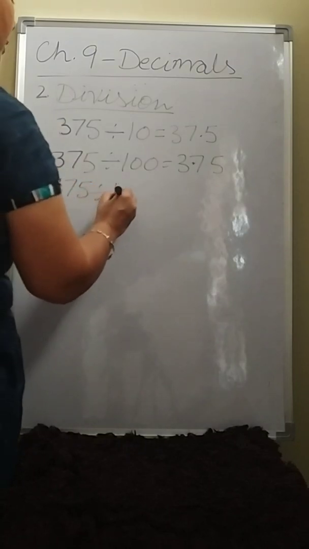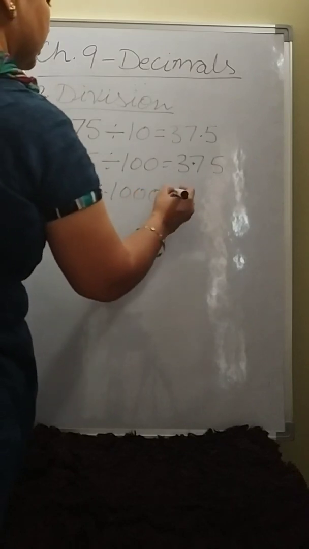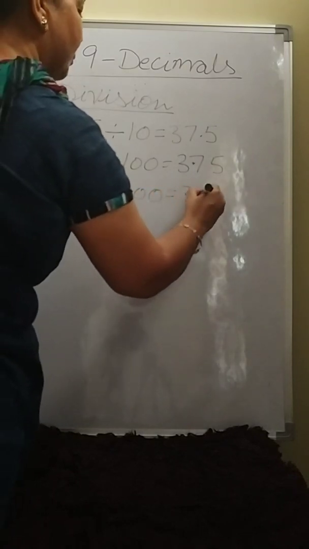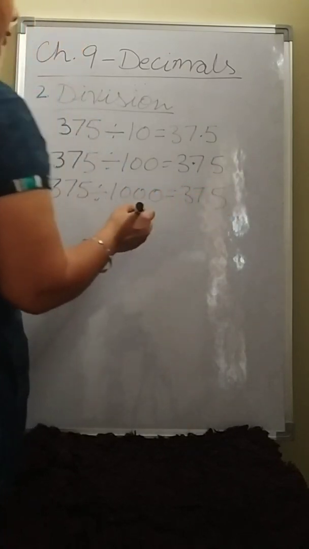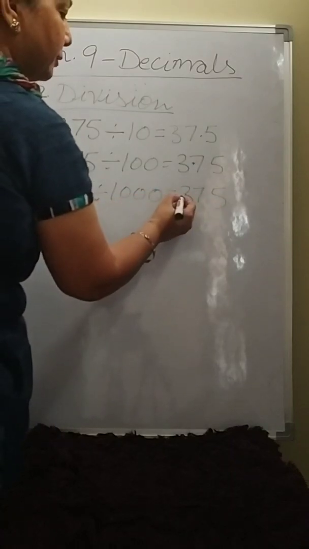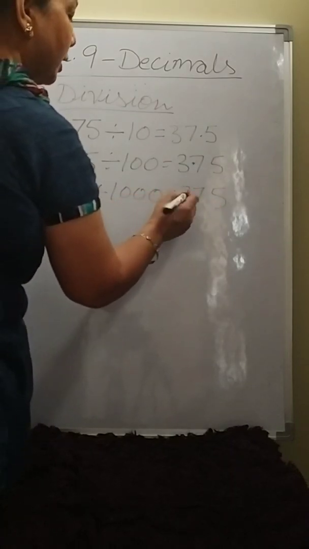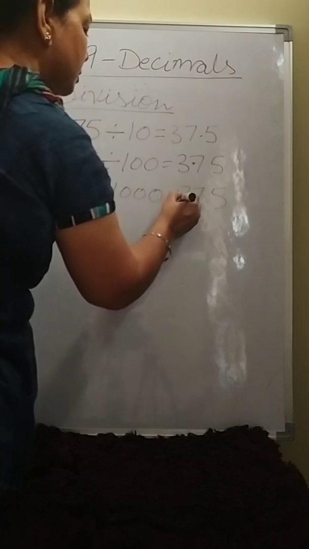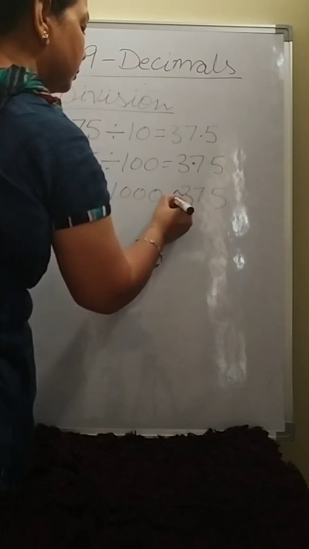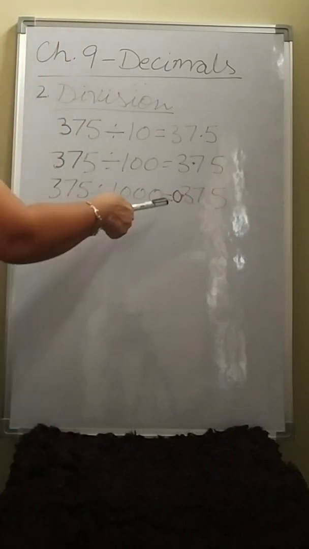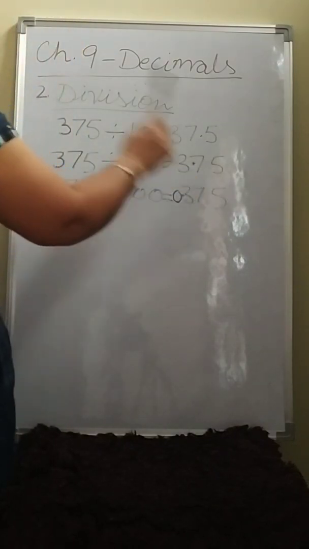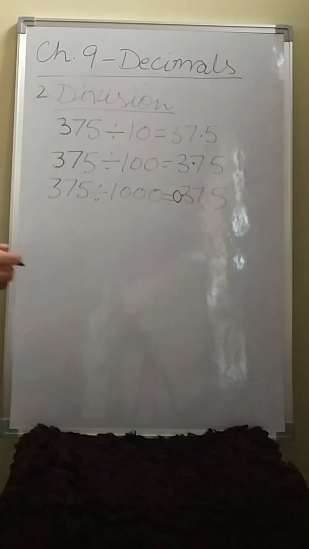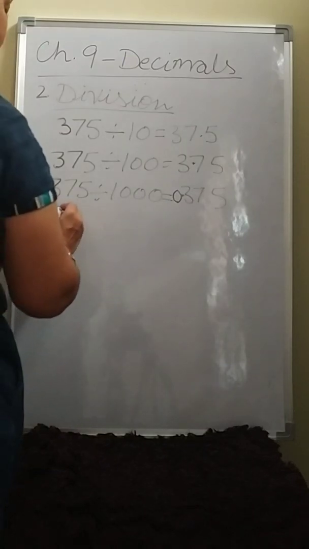When we divide by 1000, write the same number and put the decimal before three digits here. You can put 0 in front of that. Here you can put 0. So you will get the answer 0.375.